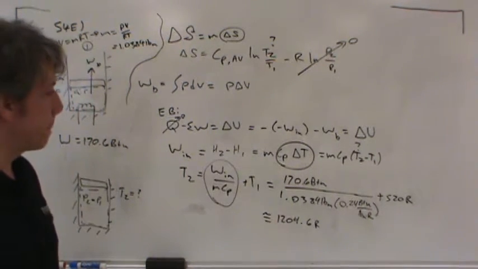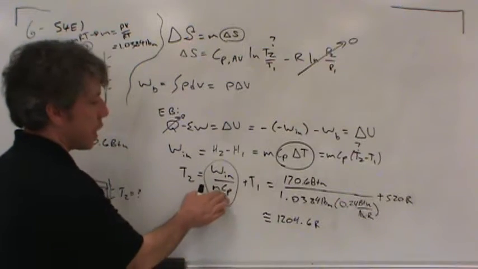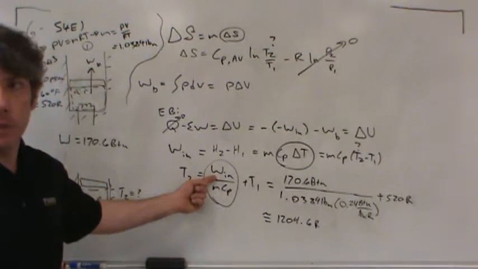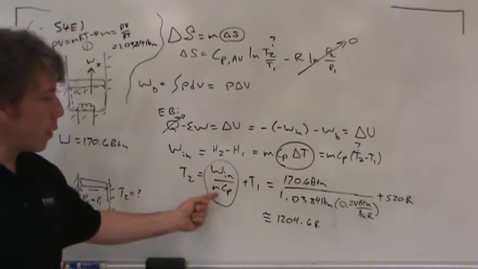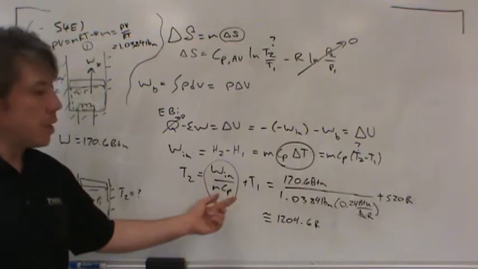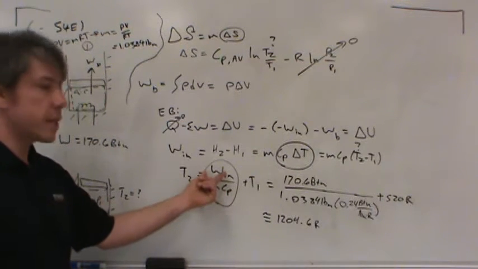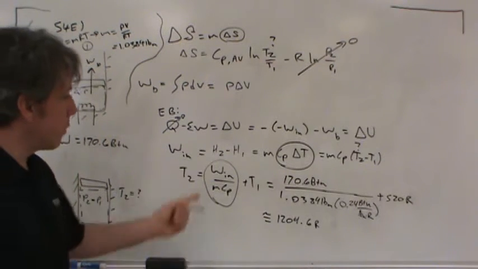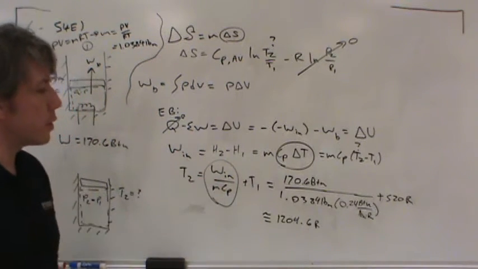Because basically this term is just a change in the temperature due to the energy that flows into the system. Make sense? The more mass there is, the less that energy is going to be able to change the temperature. The higher the heat capacity, the less that energy will be able to change the temperature of the air. Of course, the more energy that flows in, the more it's going to change the temperature of the air.